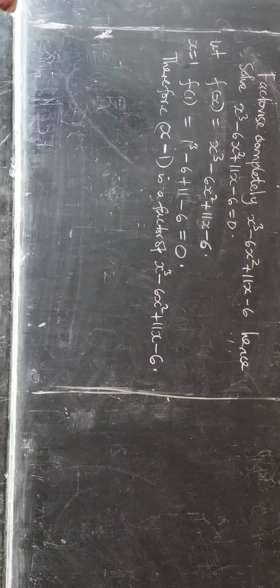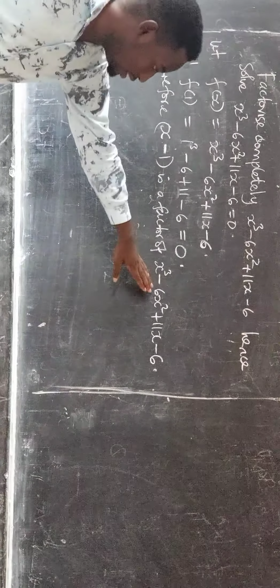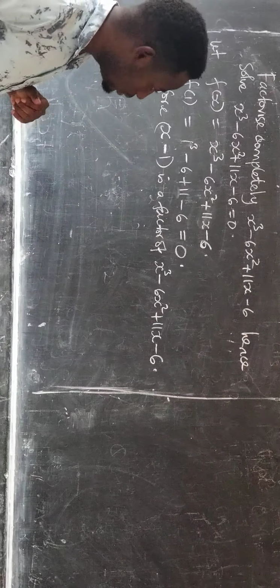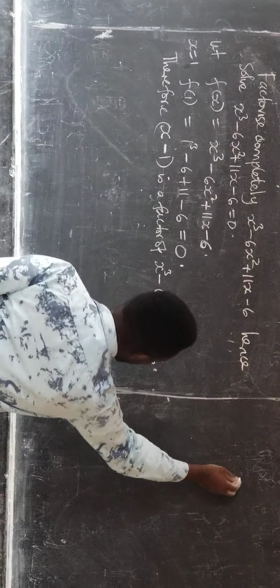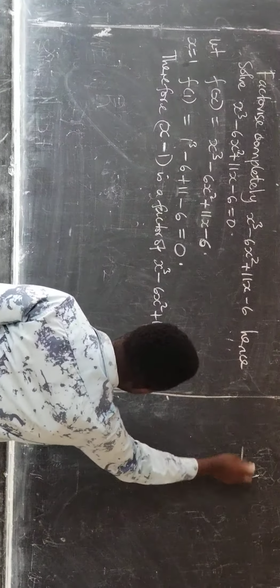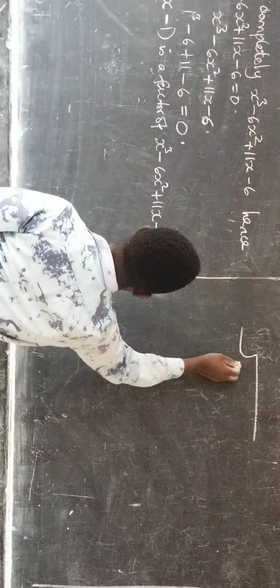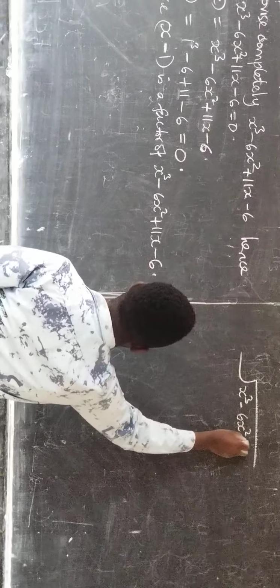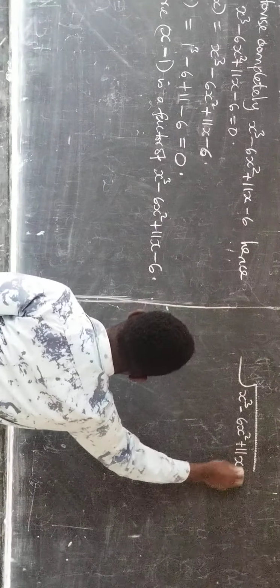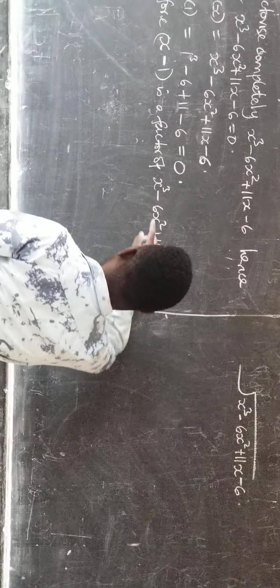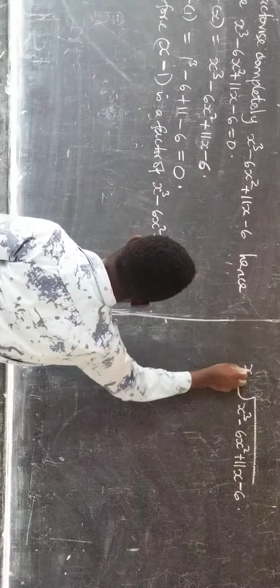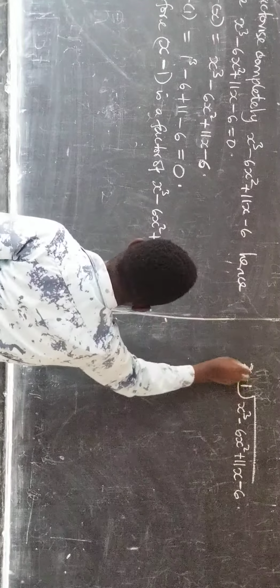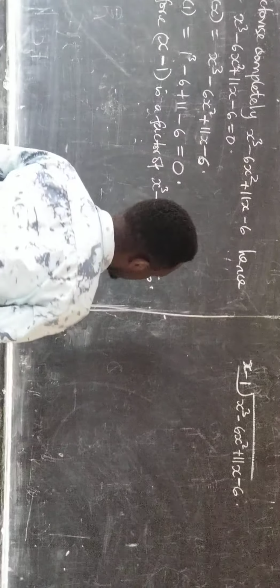So let's try to see if we can divide this, what quotient shall we get? Let's try to divide and see. So I have x cubed minus 6x squared plus 11x minus 6. I'm dividing by x minus 1. I'm trying to get a quotient.